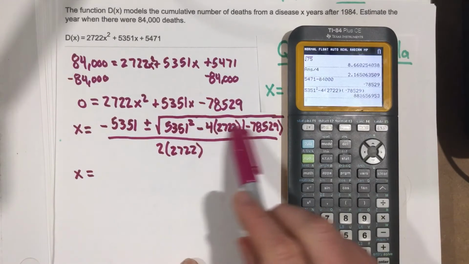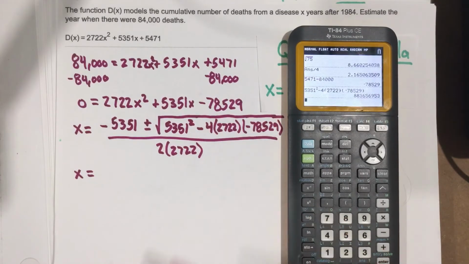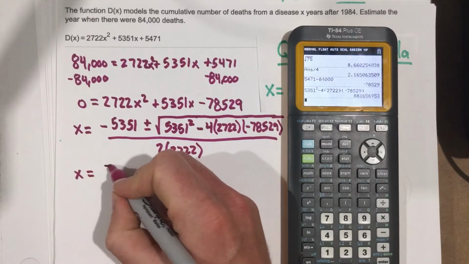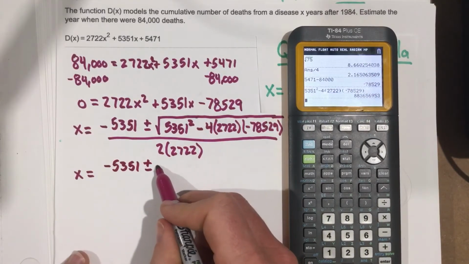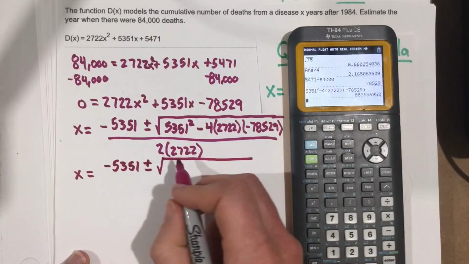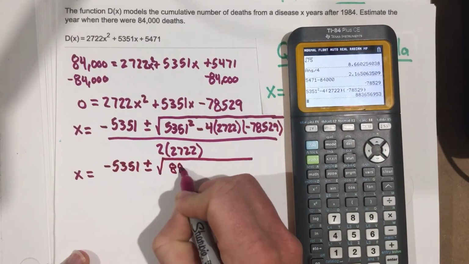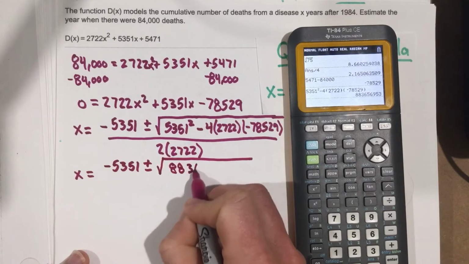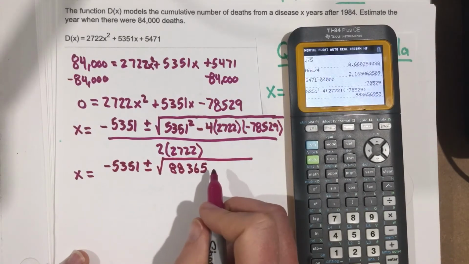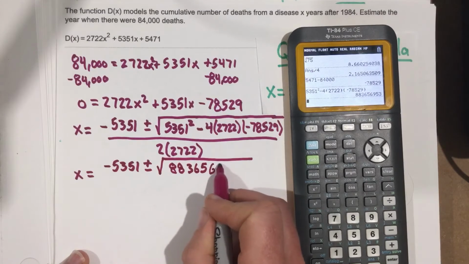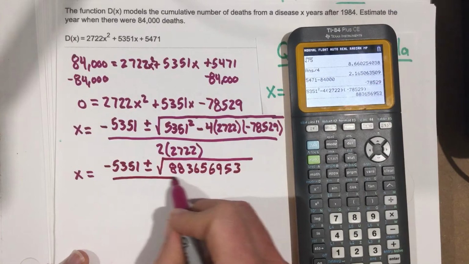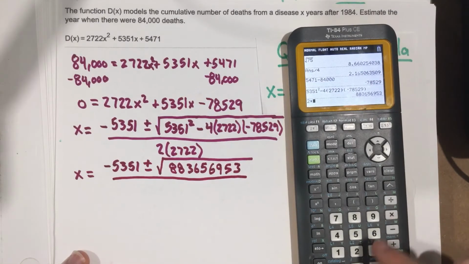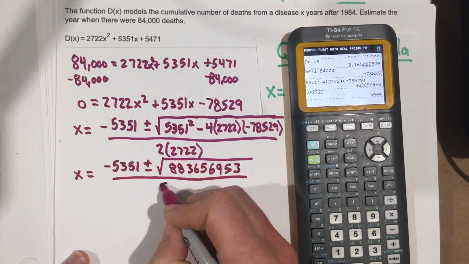Now that's what's inside this radical. So I'm going to go ahead and write negative 5351 plus or minus the root of 88,365,6953, over 2 times 2722, which is 5444.